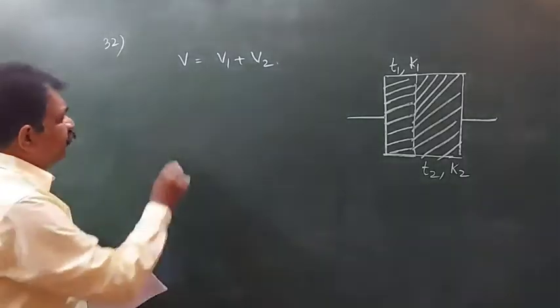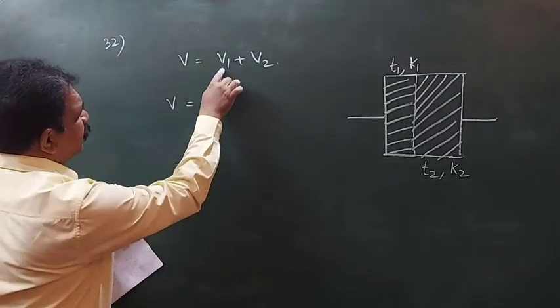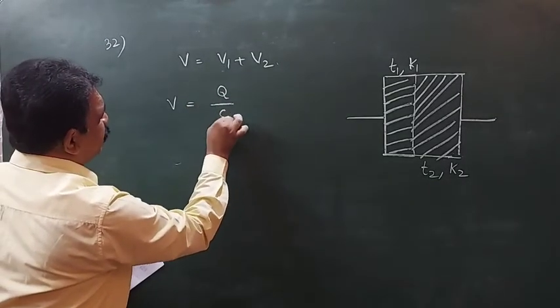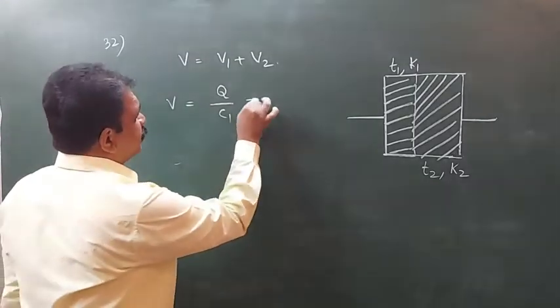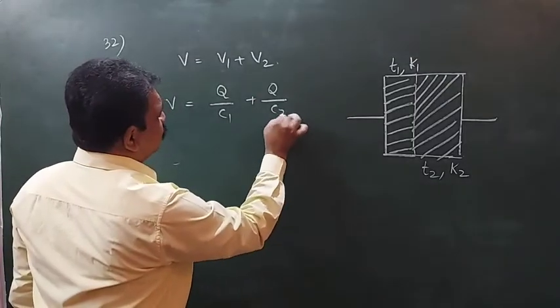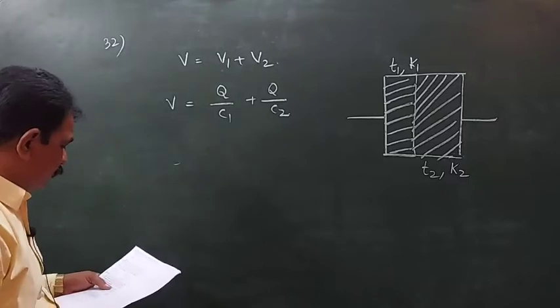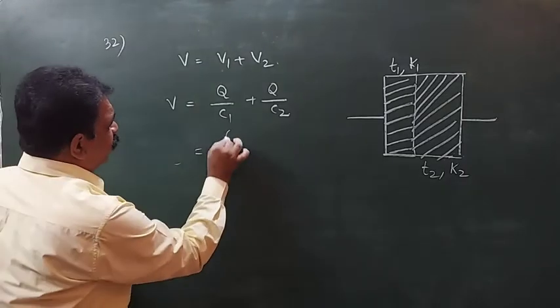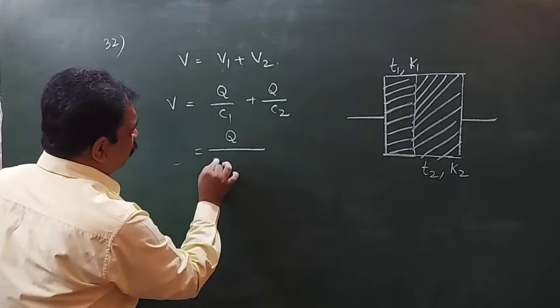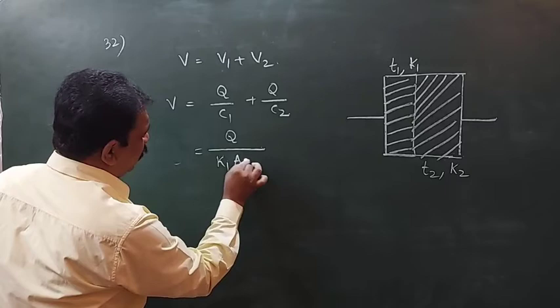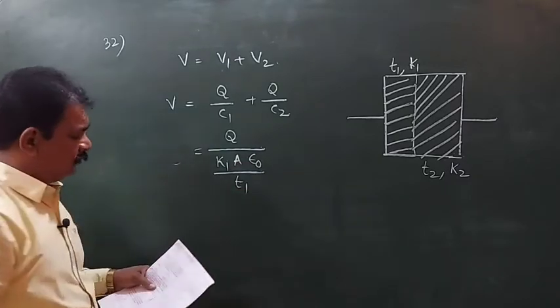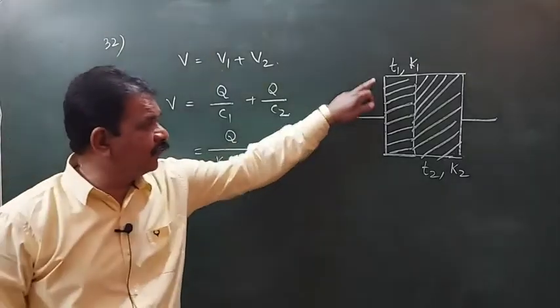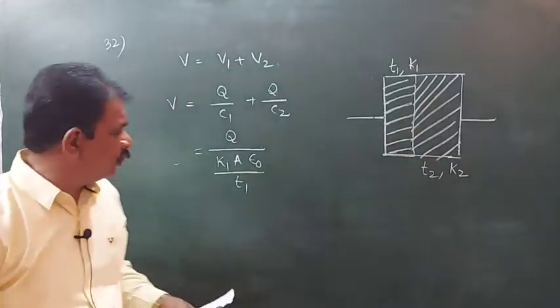So here V is equal to Q by C1 plus Q by C2. They are in series, so the charge will remain constant. Q by C1 means Q by K1 A epsilon naught by T1, where A is the area of cross section, the same for both.